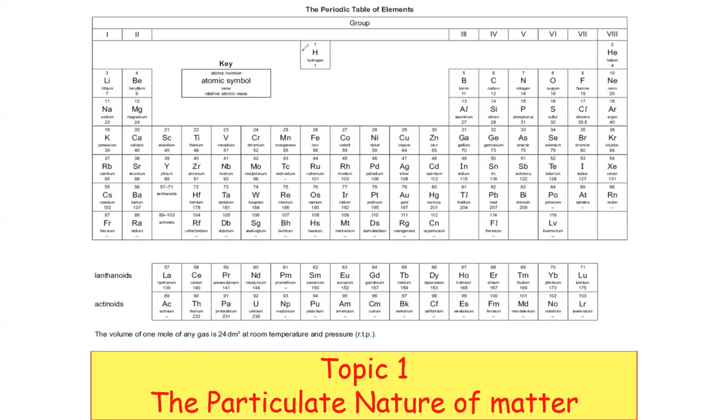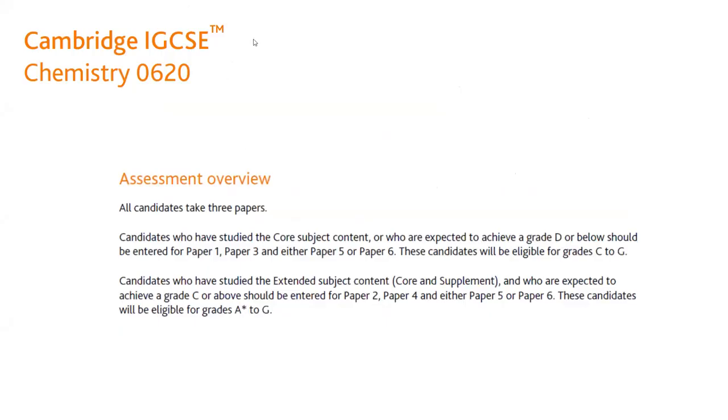So we'll start with topic one, but before starting the topic, just an overview of the syllabus. The subject code, those who want the grades in alphabetical will select 0620.